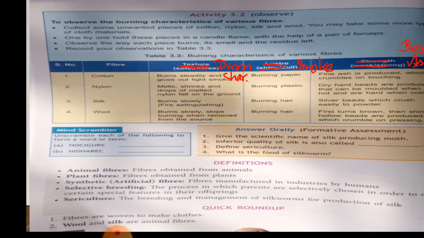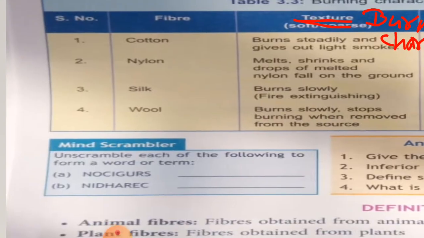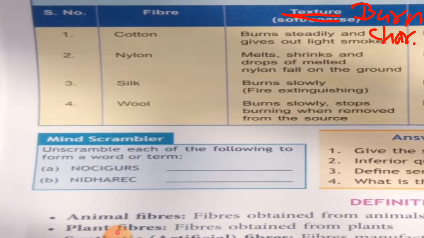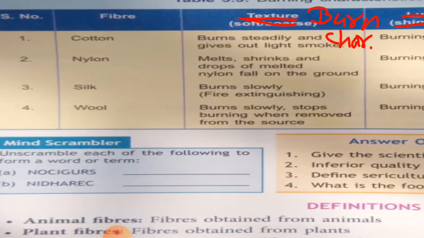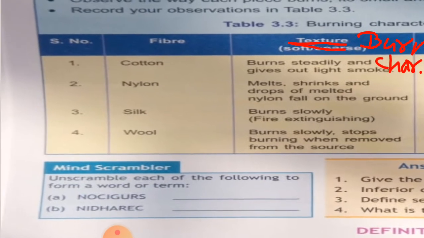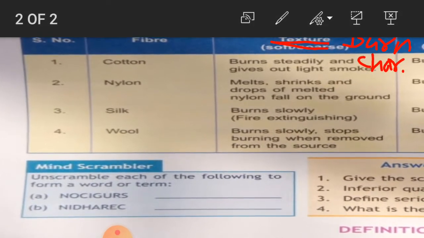Now, mind scrambler. For NOCIGURS, here should be the unscrambled word: scouring.